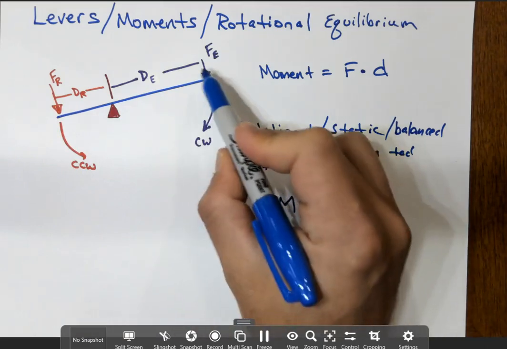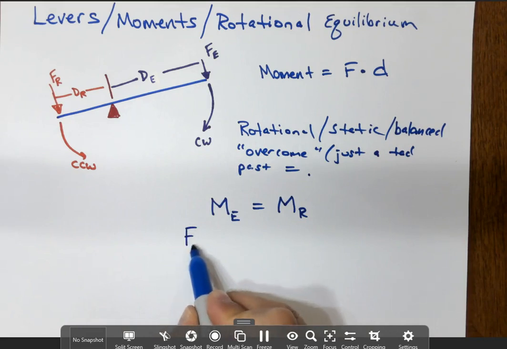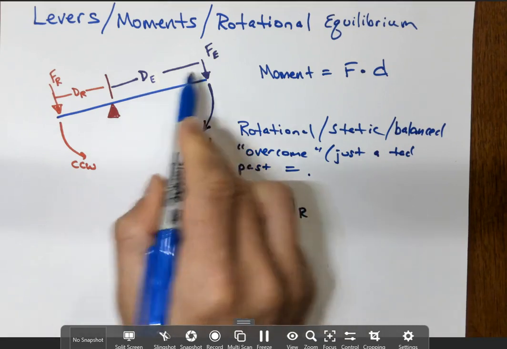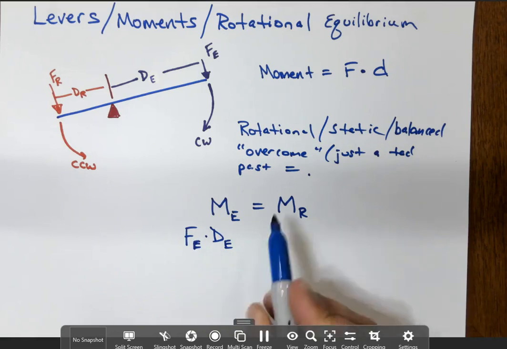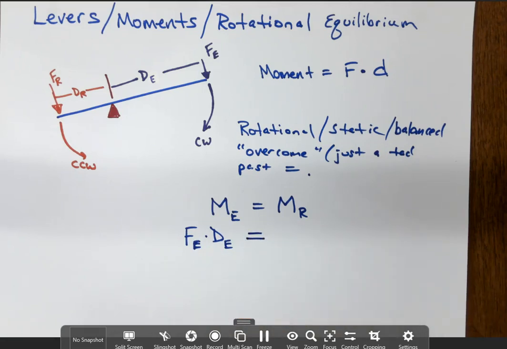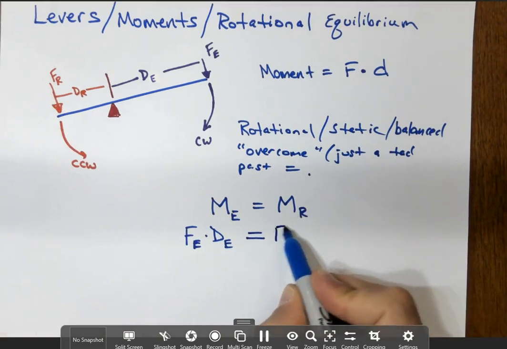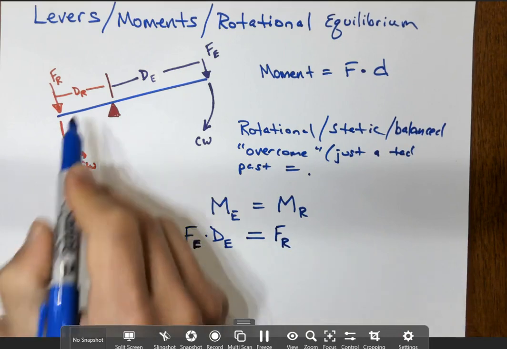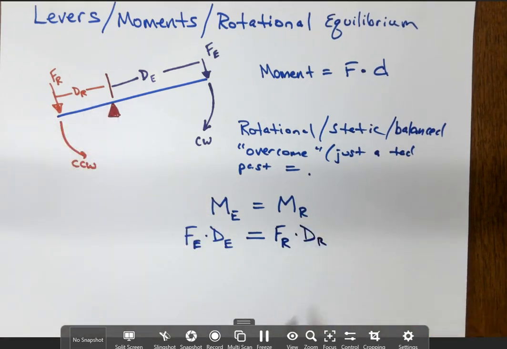So the effort moment, how bad this lever wants to turn, is the product of those two values. And so we're saying that when we're in equilibrium, this moment, this product, is equal to the product from the resistance, which is made of two things: the force of the resistance and where that force is located relative to the fulcrum, so the distance to that.